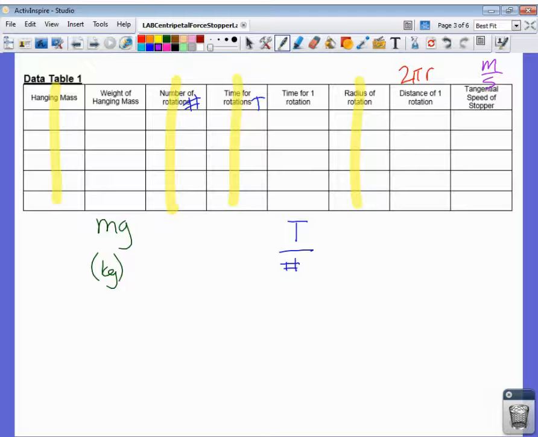So here we have the distance for one rotation. Here we have the time for one rotation. So if you know the distance of one rotation and you know the time for one rotation, you can figure out the speed of that rotation just by doing meters per second. Okay? Good there? All right. As far as your graphs go.